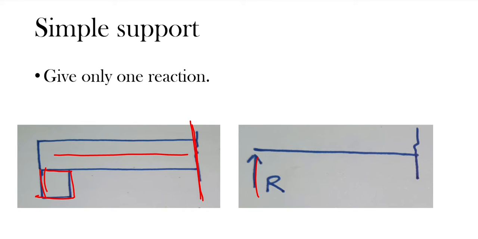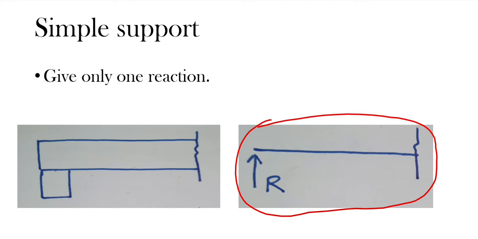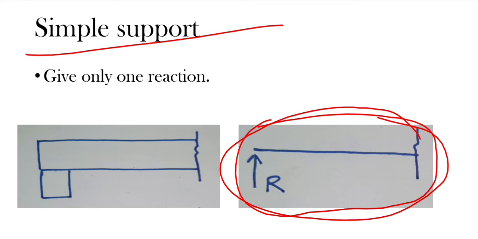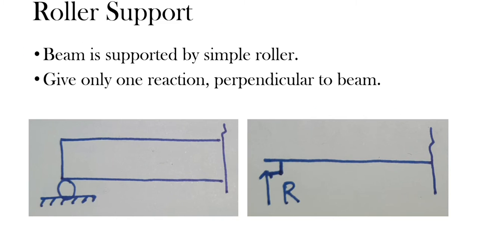This column gives a reaction R in a perpendicular direction, that is at 90 degrees to the beam. This is the first type, and in the free body diagram we show the simple support by this notation.